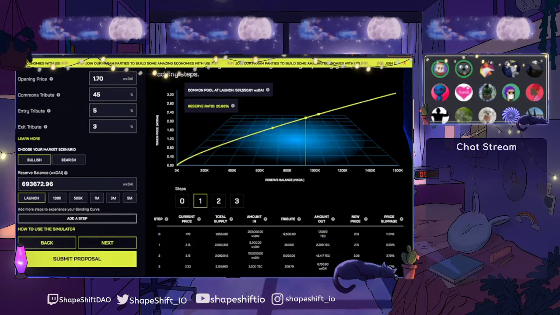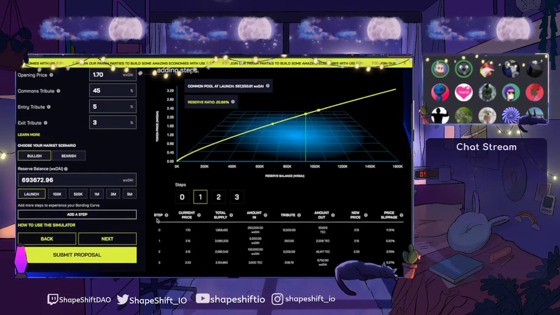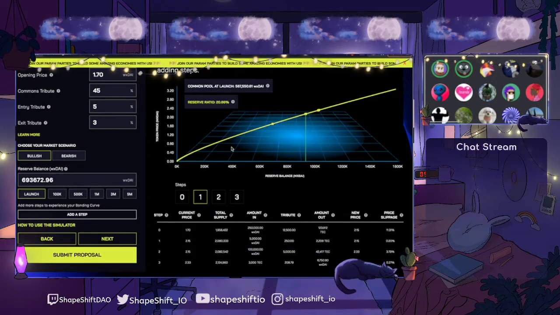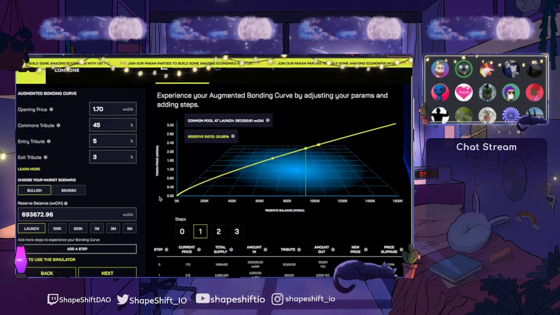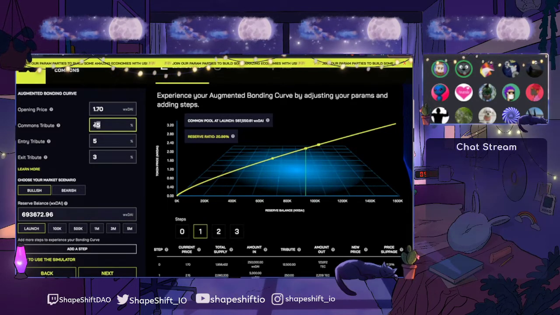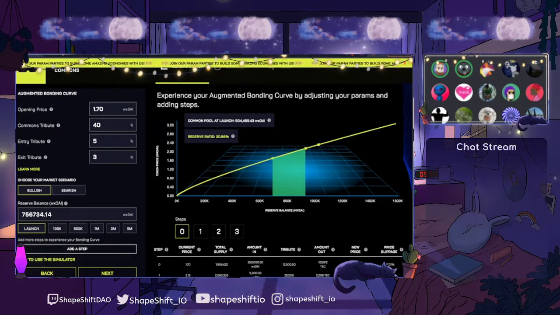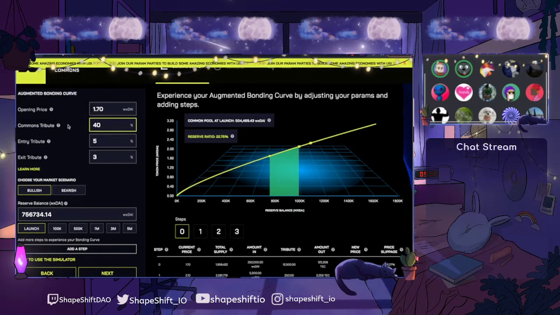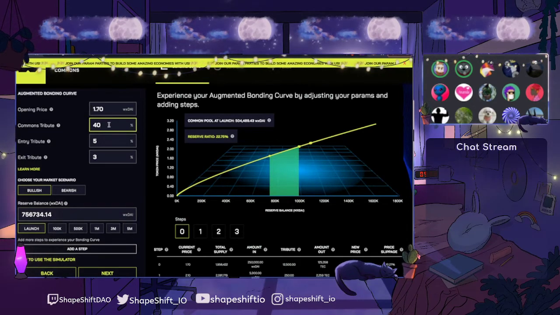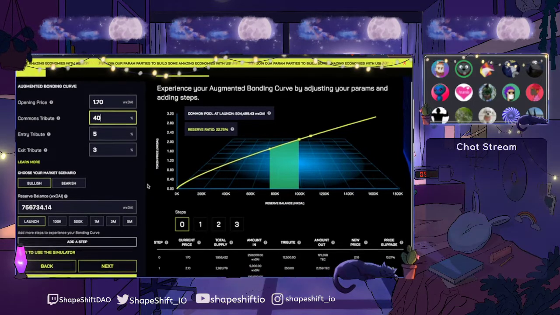We can use the simulator to see different reactions to different interactions with the bonding curve. So let's say 40% of the total amount that we raise during the hatch is going to go to the funding pool. The rest of it is going to go to the reserve balance in the bonding curve.